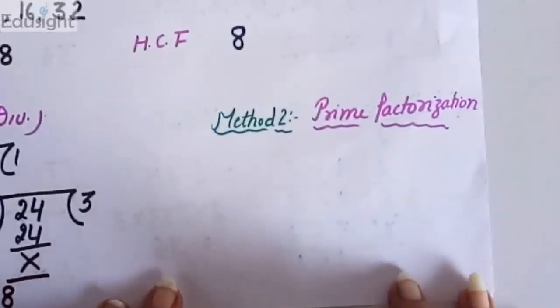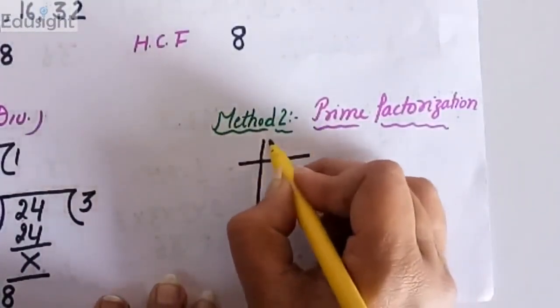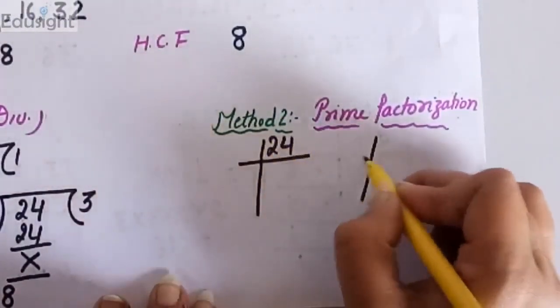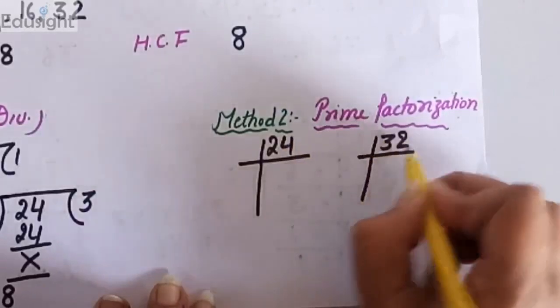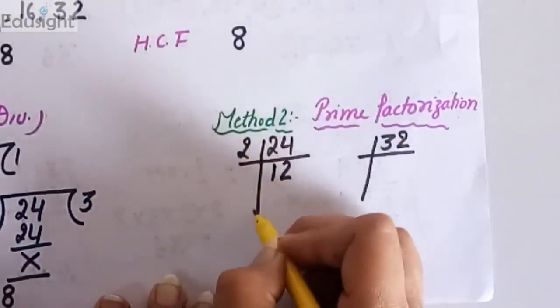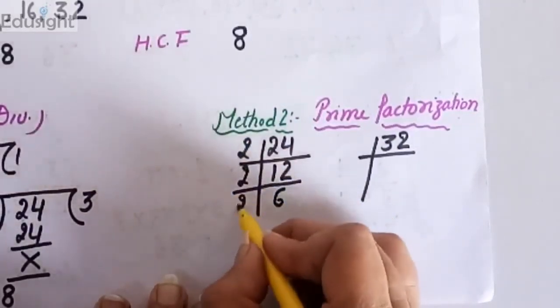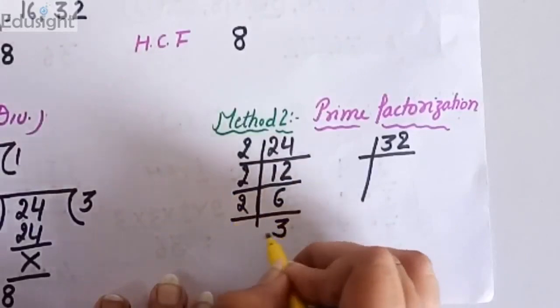Now next method is prime factorization method. So same way, 24 and 32. 24 comes in 2's table. You'll get 12. Now 12 divided by 2, 6. 6 divided by 2, you get 3.